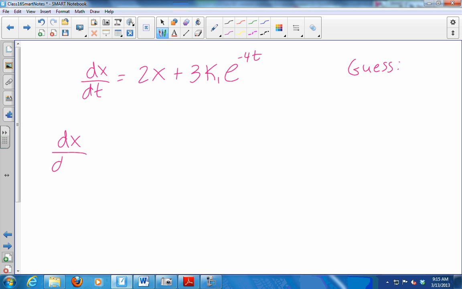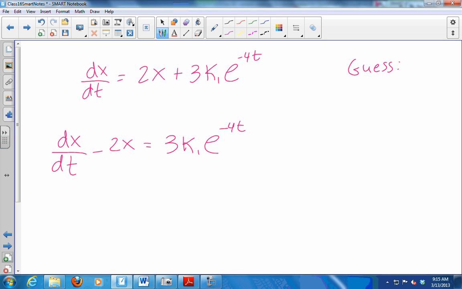So we would have dx/dt minus 2x equals 3k1 e to the negative 4t. The reason it helps is because you say, okay, I'm looking for a function who, when I take its derivative and subtract 2 times itself, I end up with a multiple of e to the negative 4t.